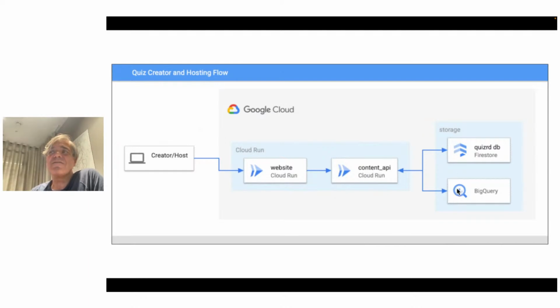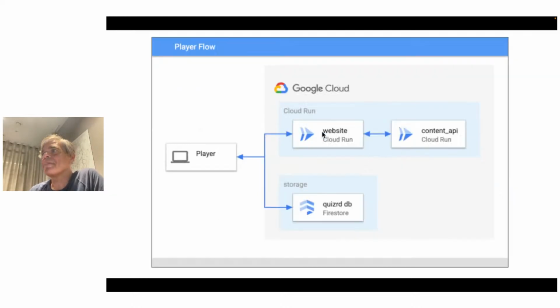So this is a traditional three-tier web application where you have a front end embodied by this website, a middle tier, which is serving up an API to the front end, and a storage tier, which is managing the storage of the quizzes and all the other data items.